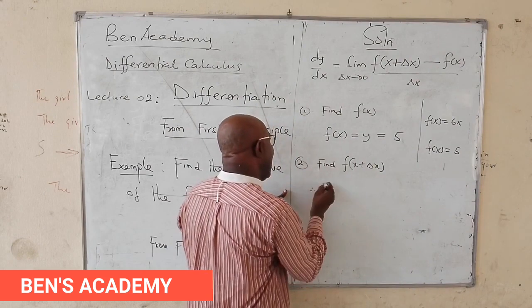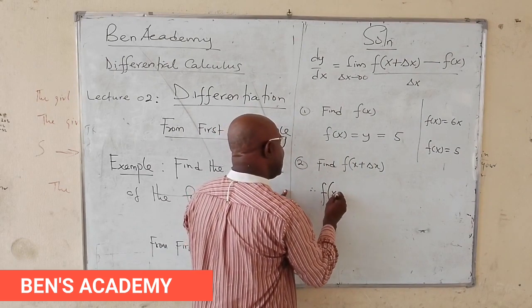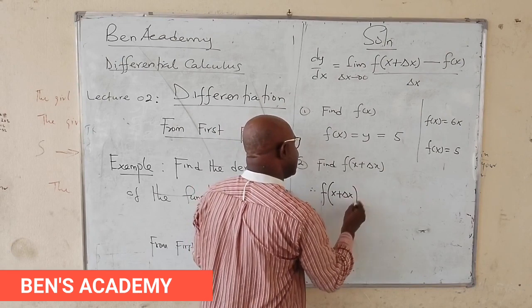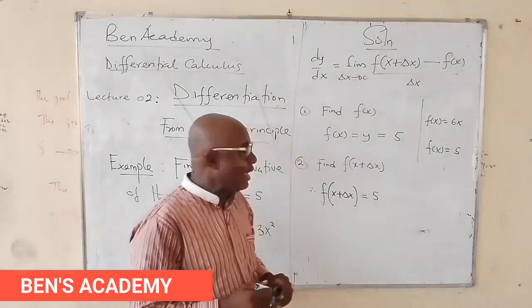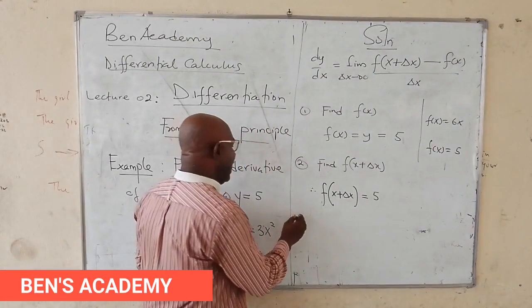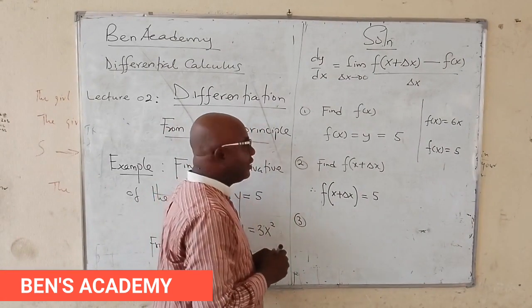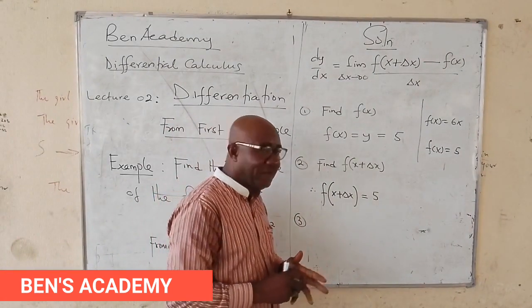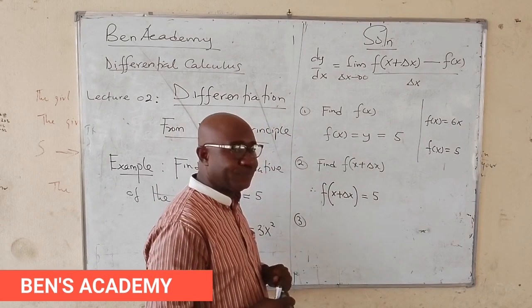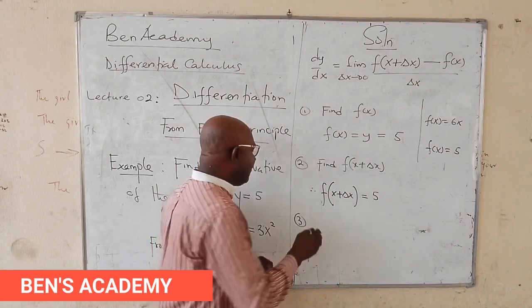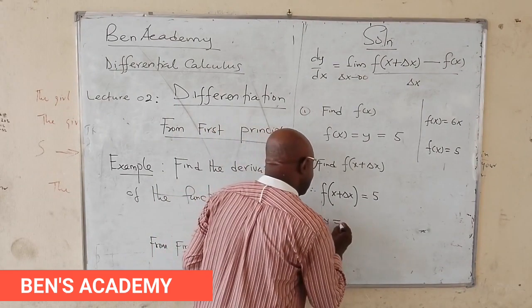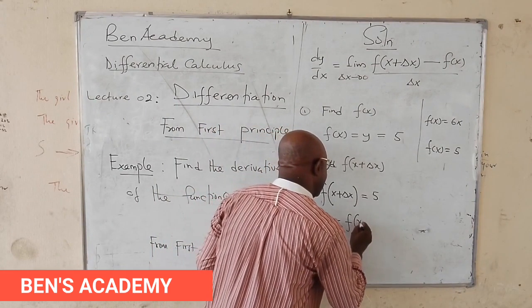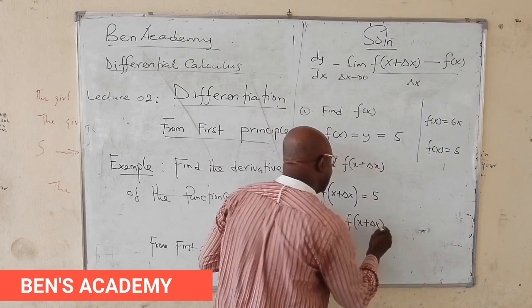So therefore, I have f of x plus change in x is equal to just 5. And I'm through with step 2. Next is to move to step 3. Step 3 is you now find the difference of step 1 and step 2. And if you do that, you have gotten what is called change in y. That is to say, change in y is f of x plus change in x minus f of x.